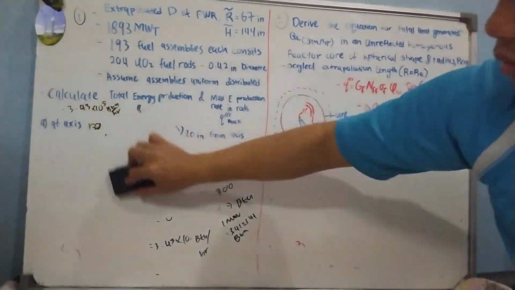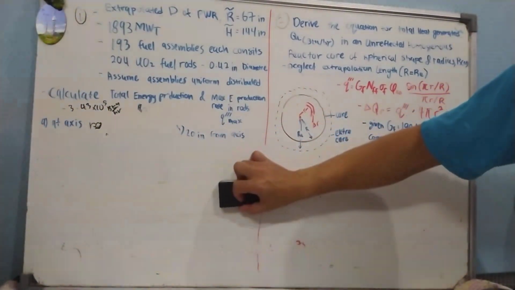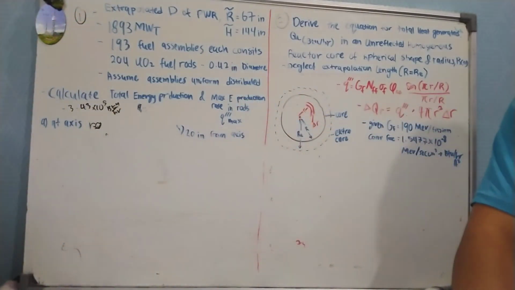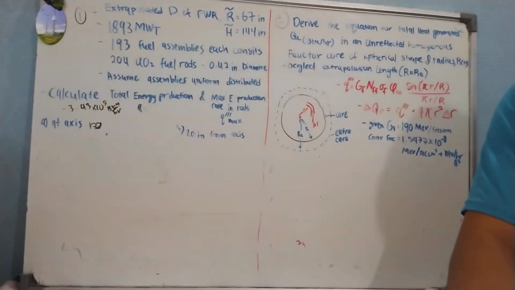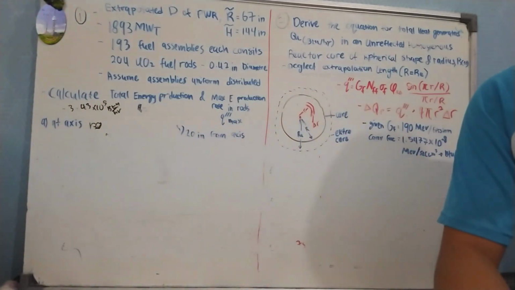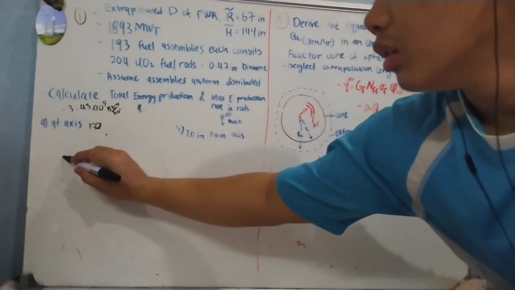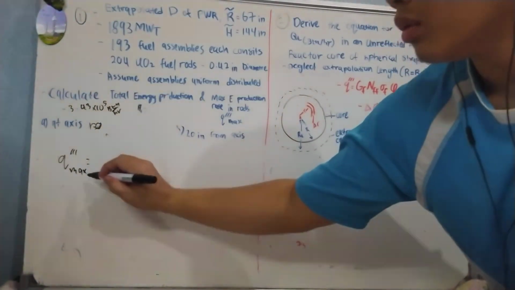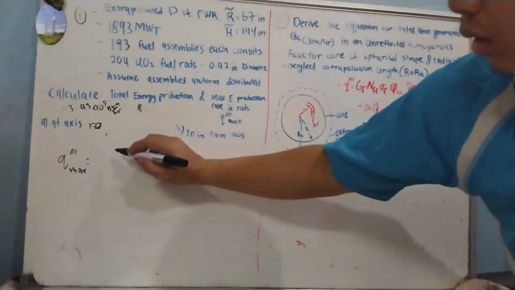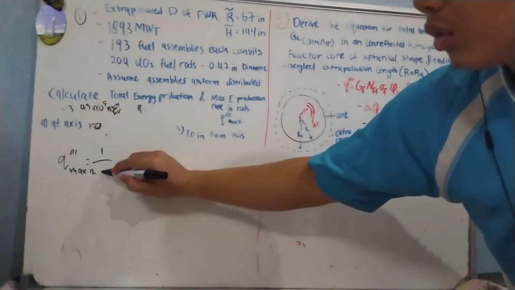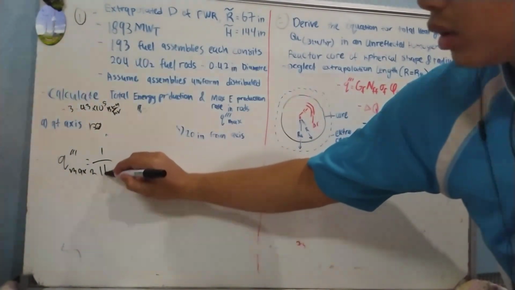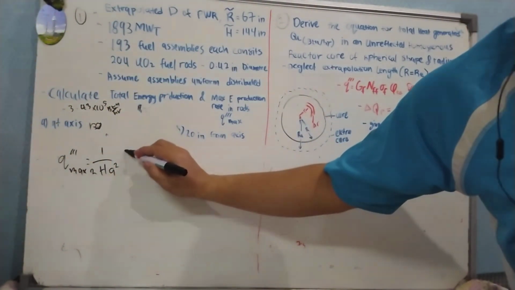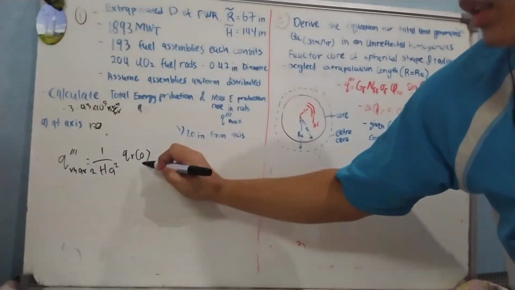The next step is to calculate the Qmax at axis, using this formula: Qmax is equal to 1 over 2 times h times a square times QR at axis.